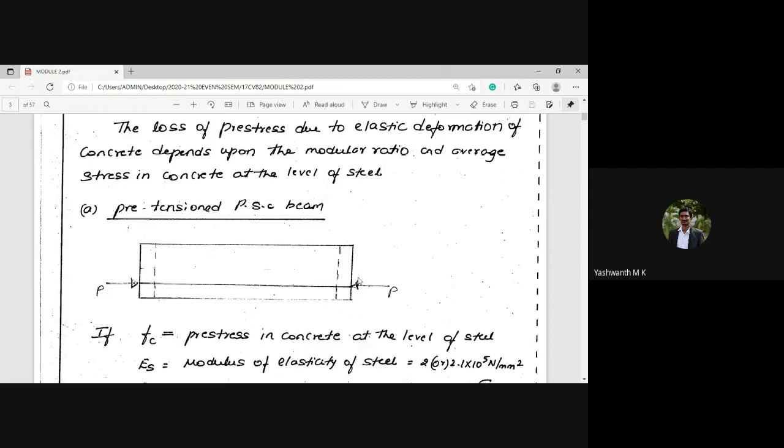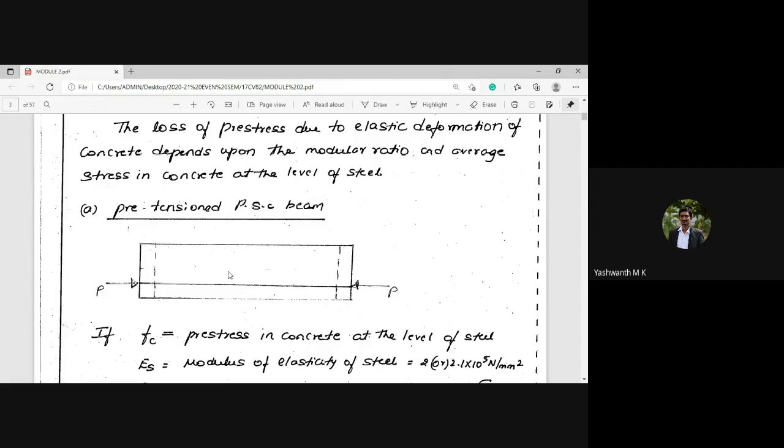This elastic deformation that is going to happen in the concrete will depend upon many factors. What are those factors? One is the modular ratio. What is that modular ratio? As we know, in the concrete we have two materials, am I right?